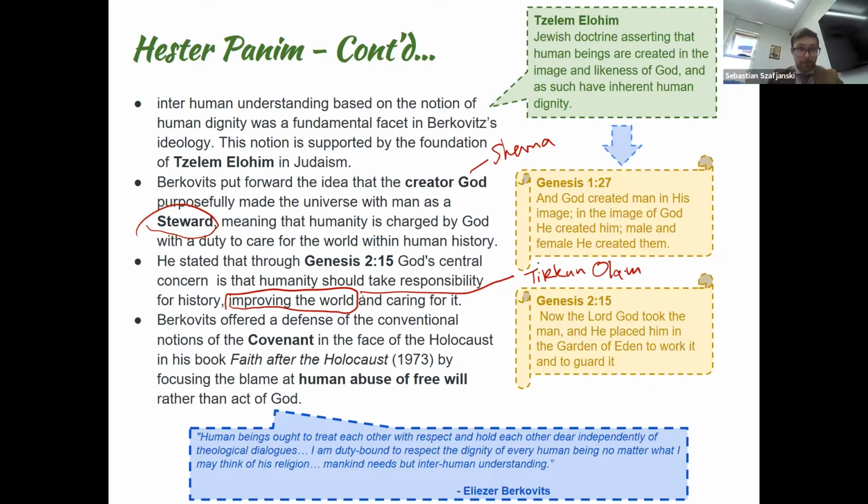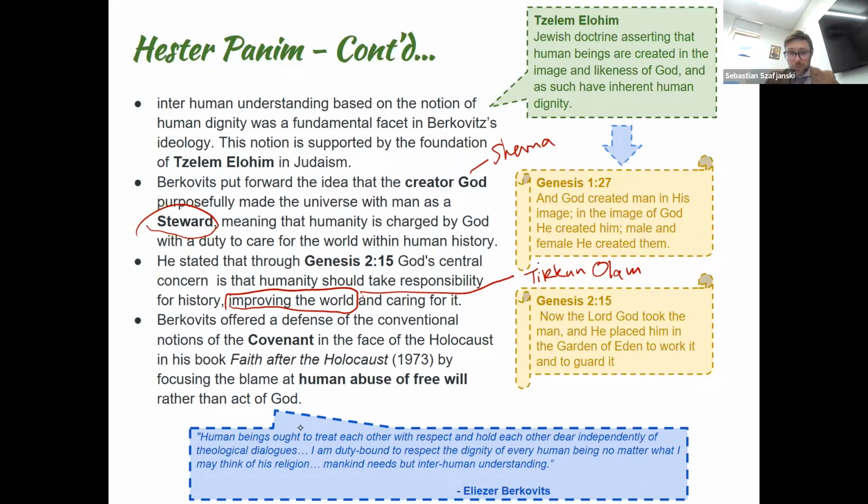Berkovitz offered a defense of conventional notions of the covenant, really reinforcing that idea. In his book Faith After the Holocaust, and you can see a quote there, the blame for the Holocaust was because of the human abuse of free will.